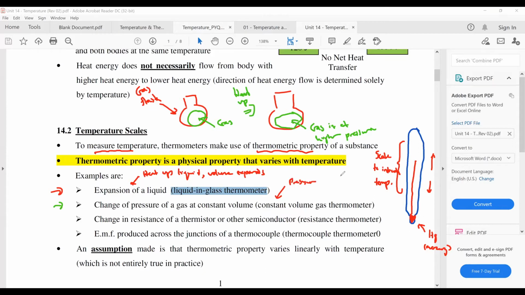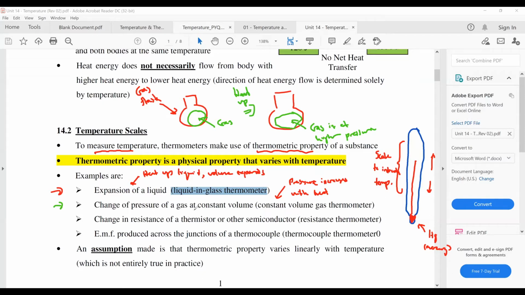So this one, pressure increases with heat. Now, after that, we talk about change in resistance of a thermistor or other semiconductor, which is used in a resistance thermometer.